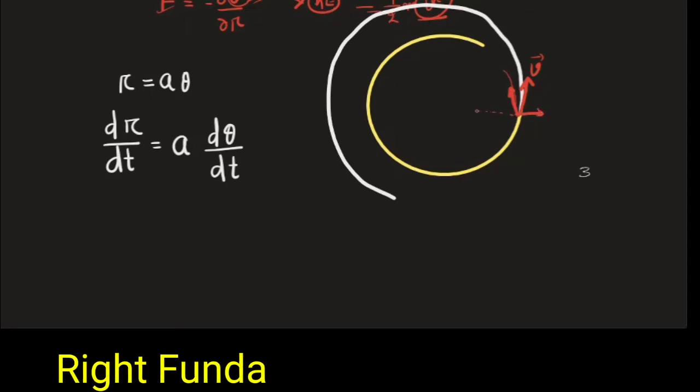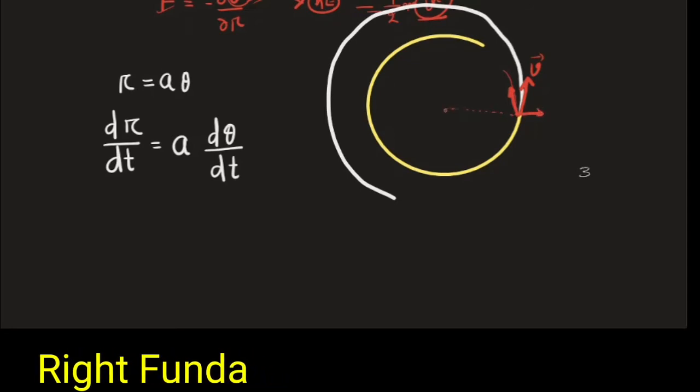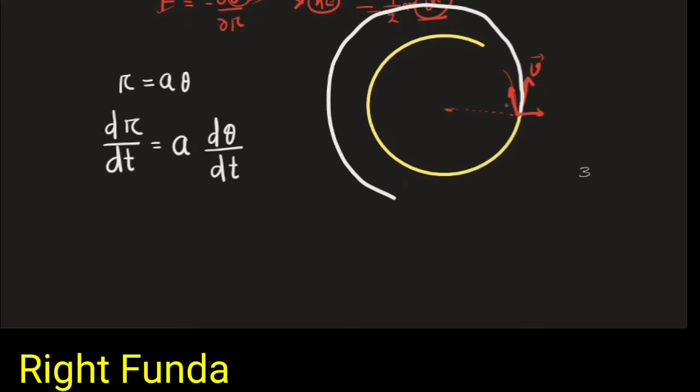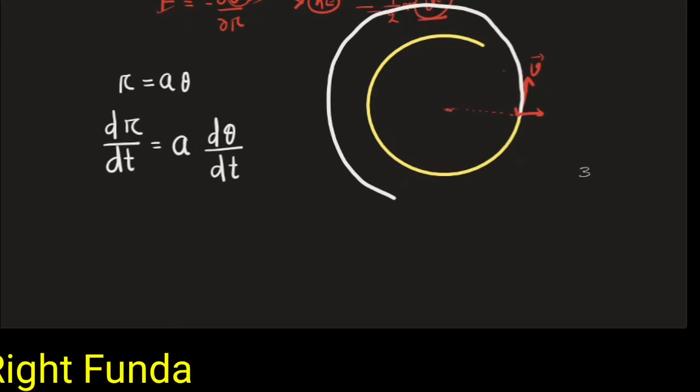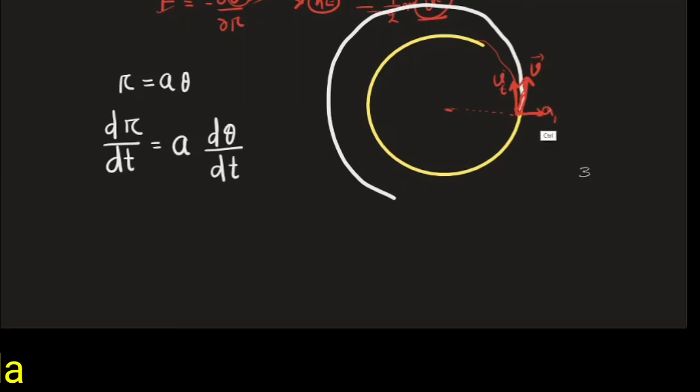Not looking 90 degrees, so I'll make it 90 degrees here. Where the circle would have been, the velocity would have been like this, but as it is a spiral path, the velocity will be like this. Okay. So this component I call the tangential velocity, and this is called the radial component of velocity.